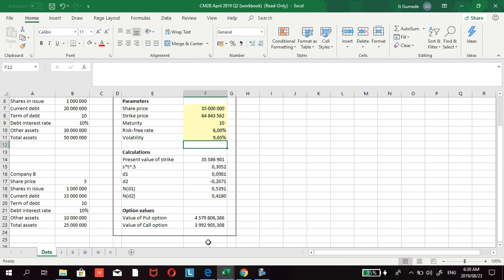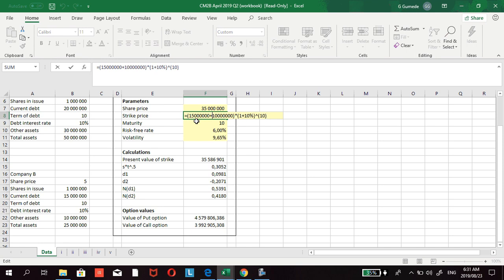Something is wrong here because if you look very carefully, okay, let me check something here. So total asset will be 25 million plus the additional 10 million. And the strike price will be 15 million plus the additional 10 million.